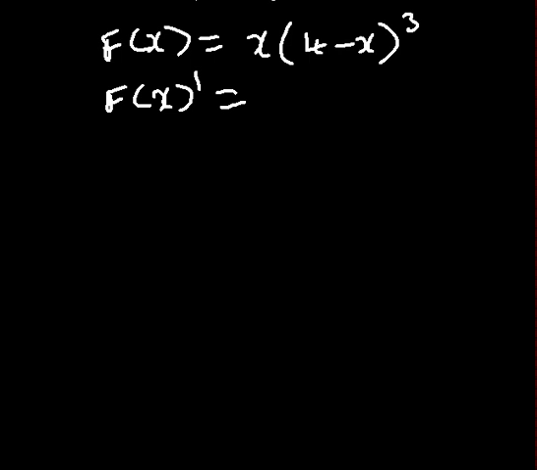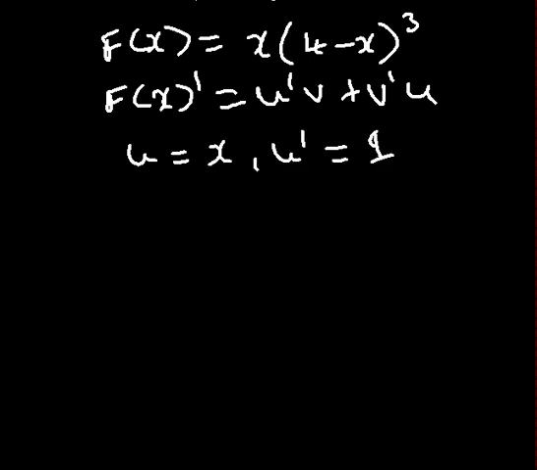Overall the differentiation is given by the product rule, and thus we have u prime v plus v prime u. What is u? We have it as x. And what is u prime? We have it as 1. And v is given as 4 minus x to the power 3.